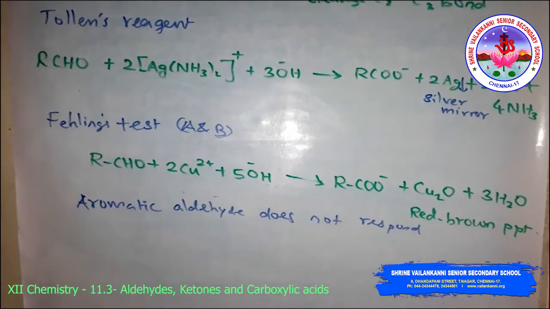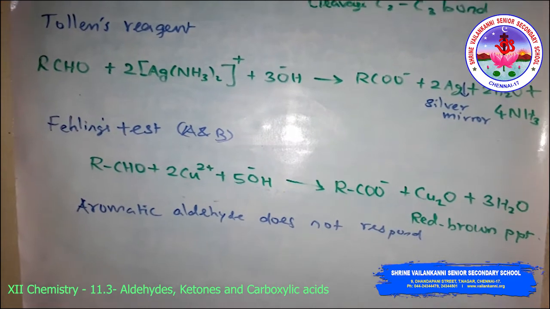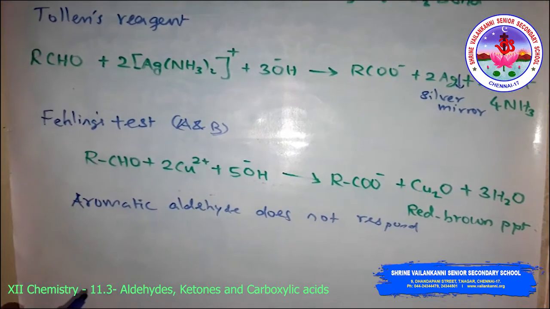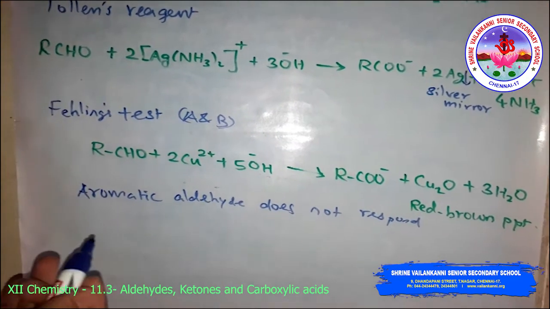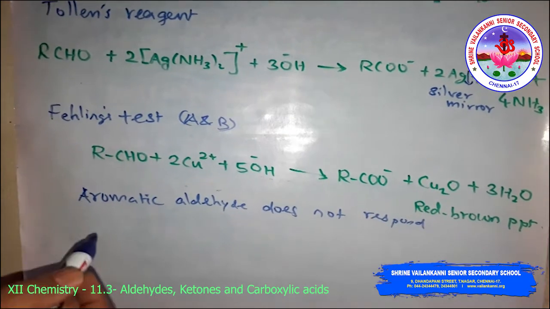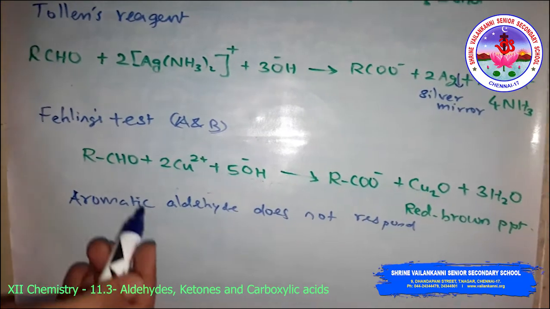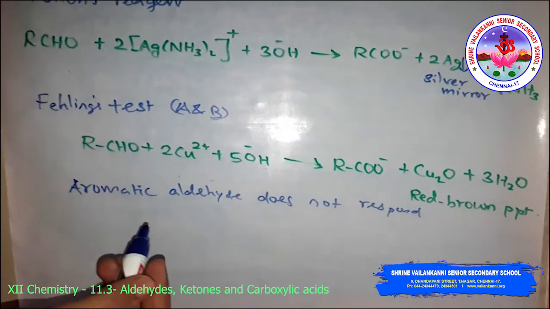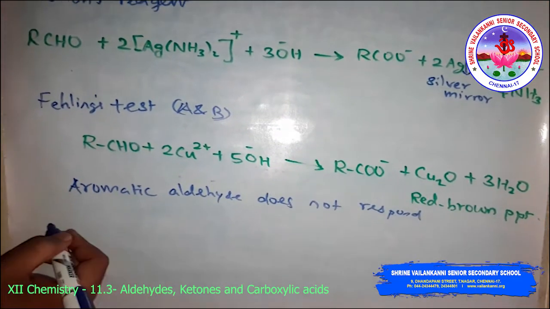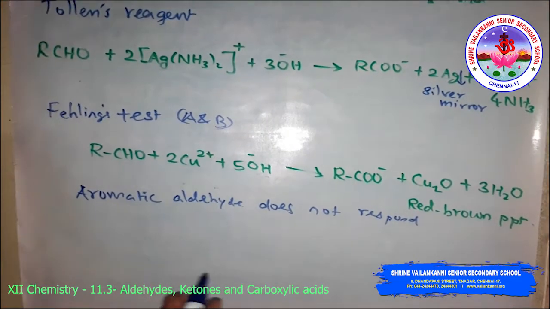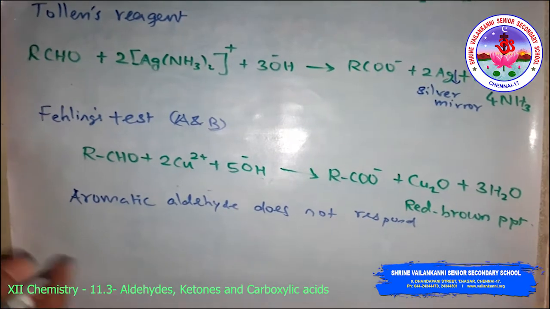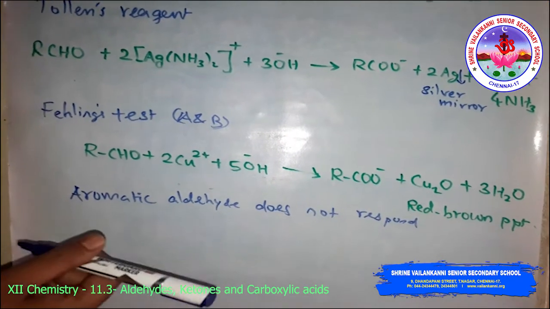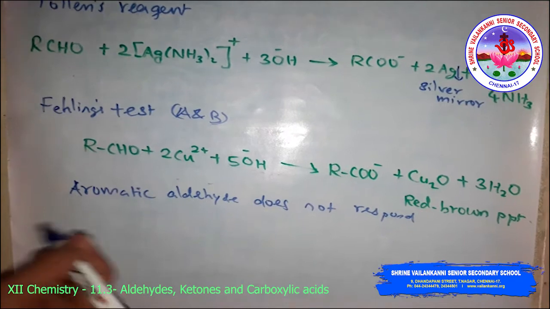Then the oxidation of methyl ketone by the haloform reaction. Aldehydes and ketones having at least one methyl group linked with the carbonyl carbon atom, that is a methyl ketone, are oxidized by sodium hypohalite to sodium salts of the corresponding carboxylic acid having one carbon atom less than that of the carbonyl compound.